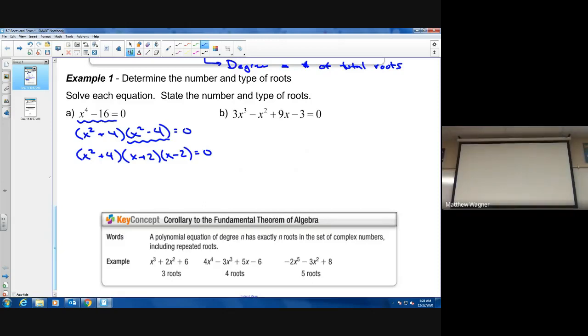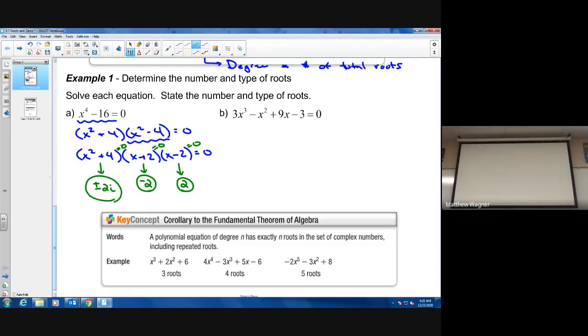Then we just need to solve. So we wind up getting an answer of 2, and an answer of -2. Remember, to solve, we set each factor equal to 0 and solve. Here, we'd subtract 4 and square root, which means the answers here are plus or minus 2i.